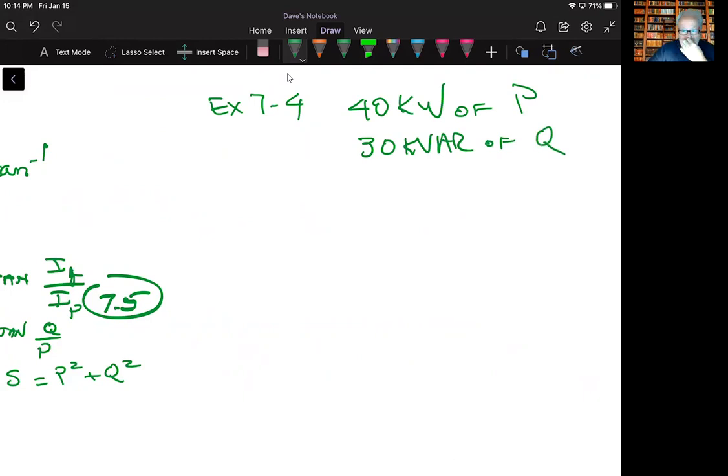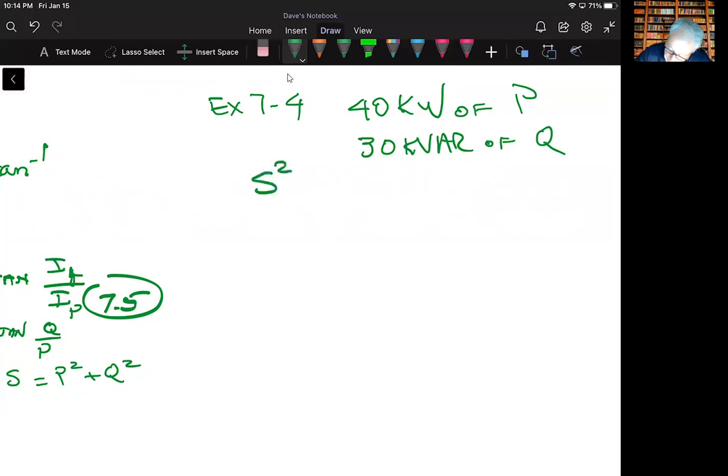Okay, so that's the situation that we've been looking at here: active load, reactive load. And he says calculate the apparent power of the motor. Now we've got all these neat equations.